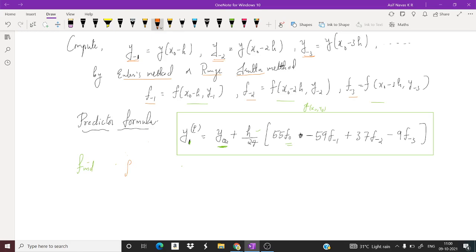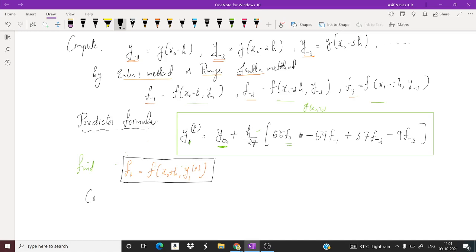F1 is equal to f of x naught plus h, y1 of p, that is, with the predictor value of y1.